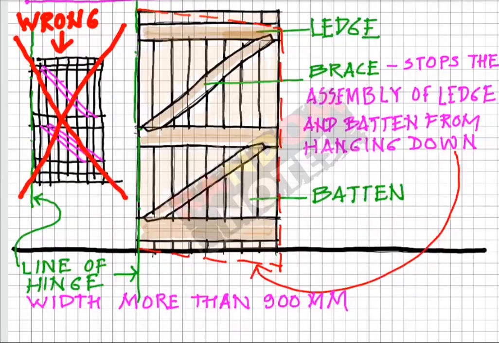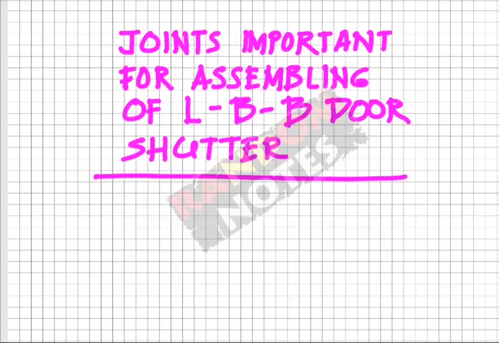Next will be the joint between the brace and ledge. So, the joints between the battens and the joint between the ledge and brace.